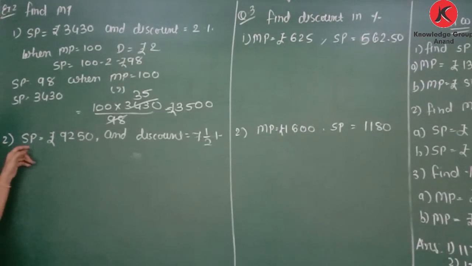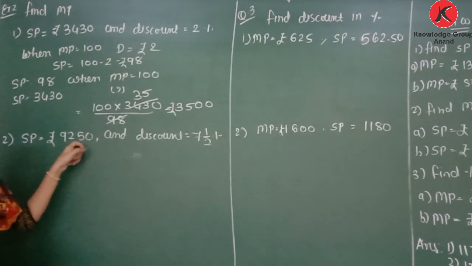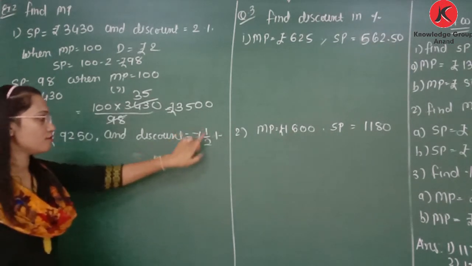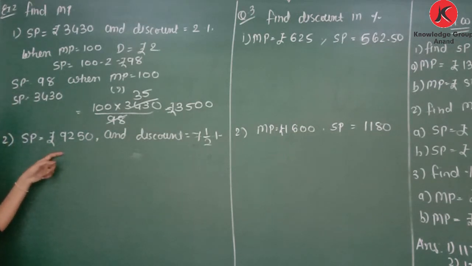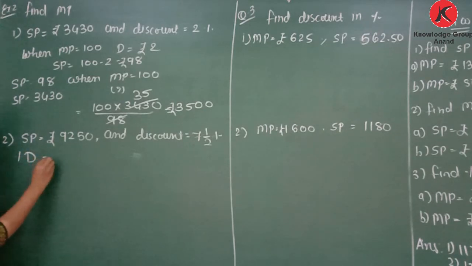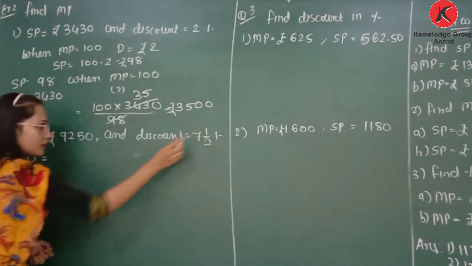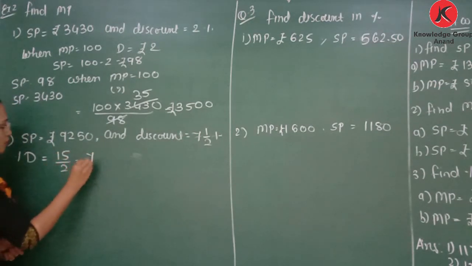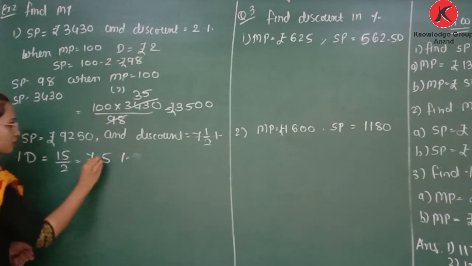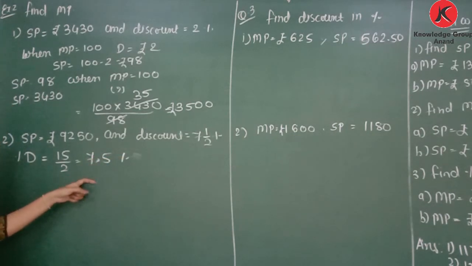So next is selling price is rupees 9,250 and discount is 7.2%. Here we need to find the mark price, so we will use the method by using 100 as a mark price. So we can write here discount percentage is equal to 7 to 8, that is 15 by 2, which is 7.5%. Okay, so this is the discount in percentage.